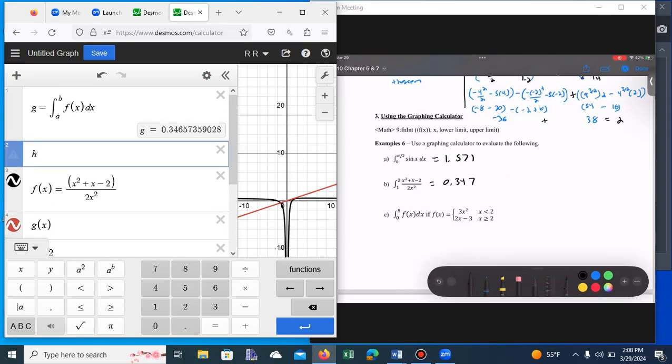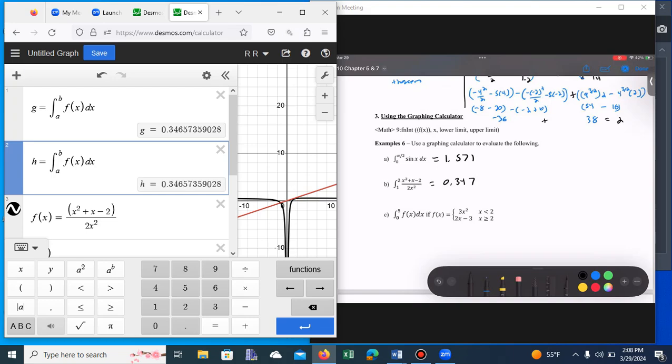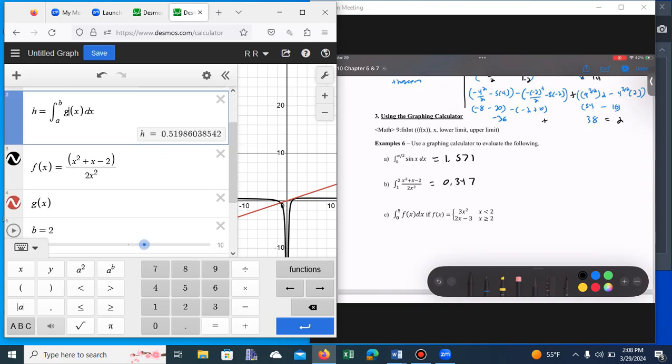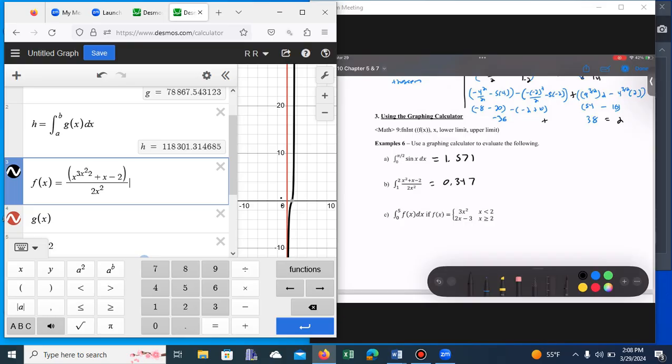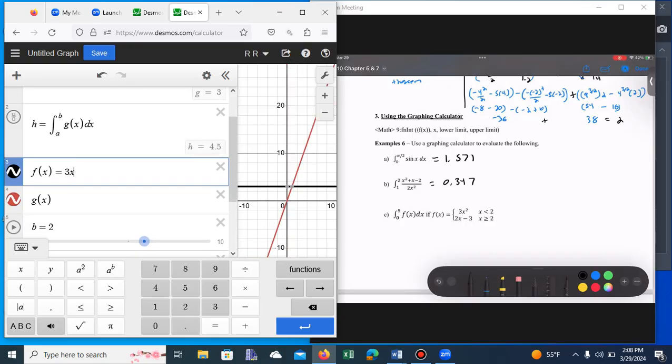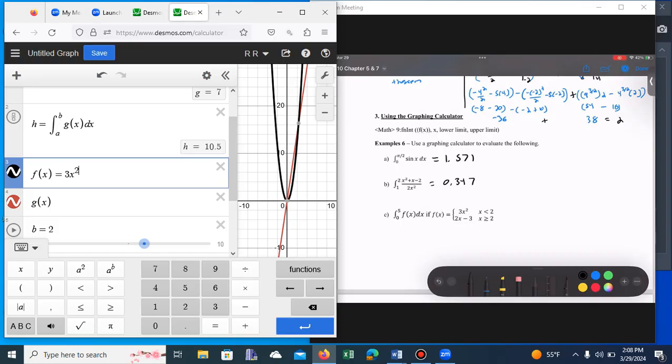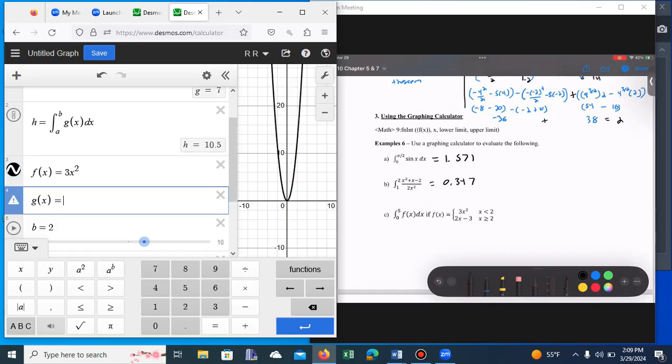So let's call this h. And so for the first piece, we'll do 3x squared. For the second piece, we'll do 2x minus 3.